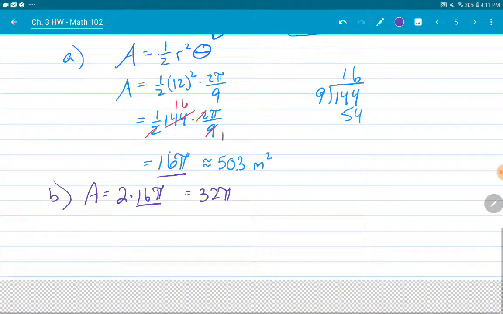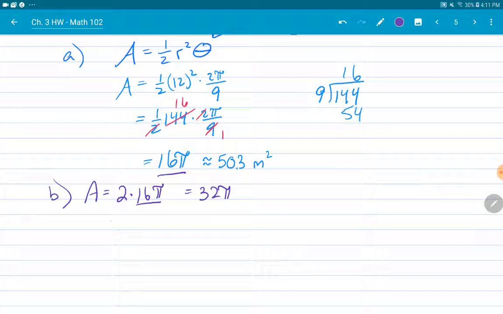So I'm going to let my area be 32 pi equal 1/2 R squared, I'm still given is 12. And theta is what I want to find. I want to know what the theta is going to be to have it twice as big. Twice as much area. All right.